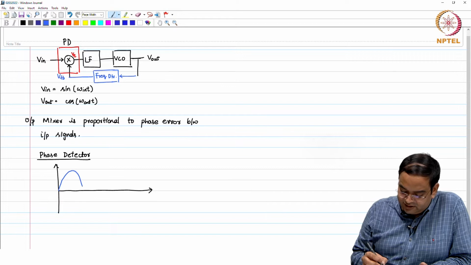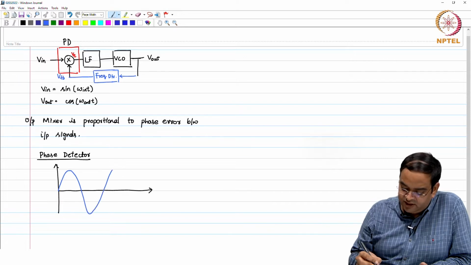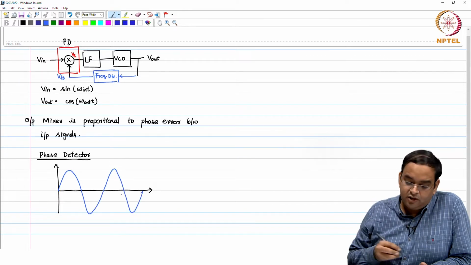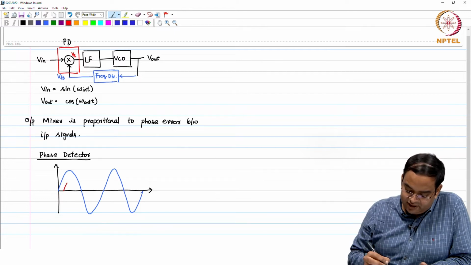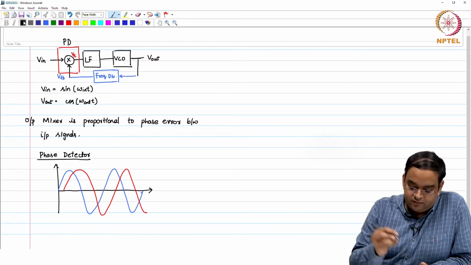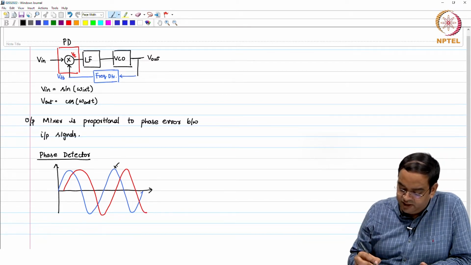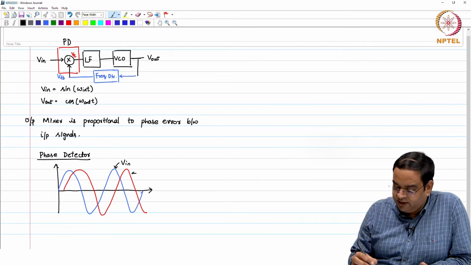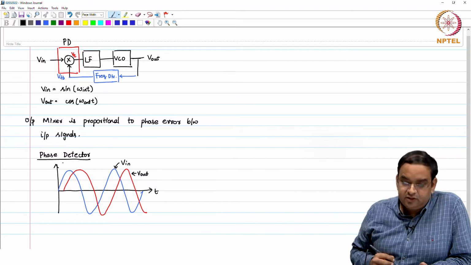Assume that we have a sine wave, and then another sine wave. This is just an example: the one in blue is V in, and the one in red is V out, with respect to time. This is what I am plotting.